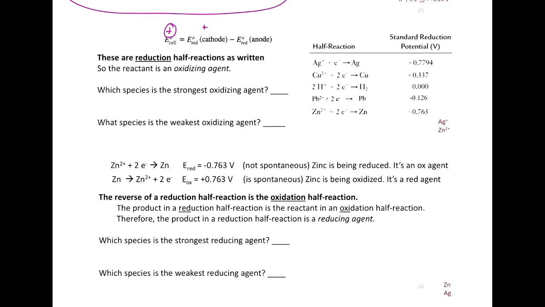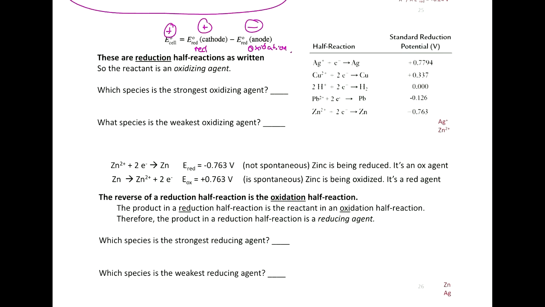If the cathode, the thing that is being reduced, has a very positive reduction potential, more likely a positive cell potential will come out. Or you can think, if the reduction potential for the anode is very negative, remember, this is where oxidation occurs, that's another way you can get a really positive cell potential. This all has to do with the reducing or oxidizing power of your different substances based upon this table.